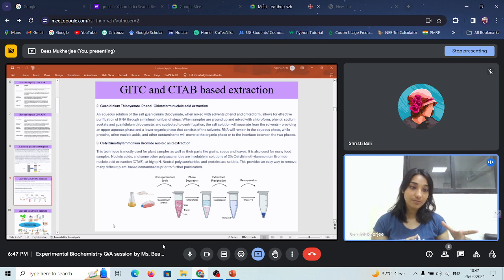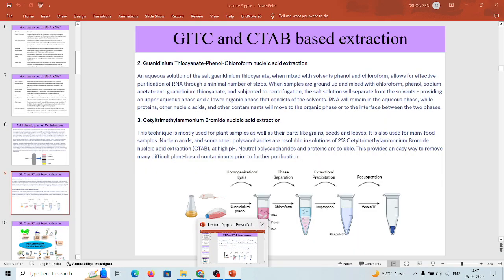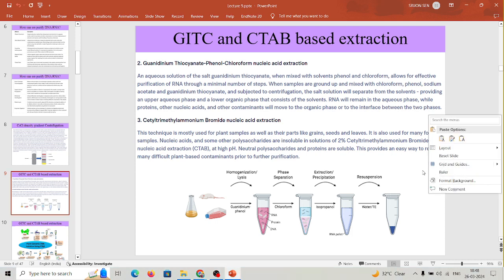So if you want to separate that genomic DNA, you will have to use CTAB, which is positively charged. It is used for many food samples, nucleic acids and some polysaccharides. For plant DNA separation, the major hurdle is the presence of a large amount of polysaccharides. All these lignin, cellulose are present in the plant cells, right?